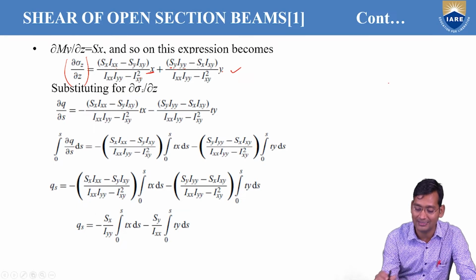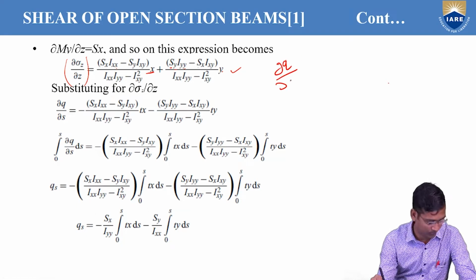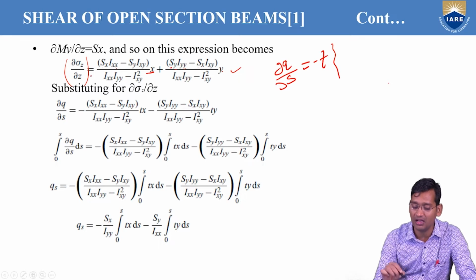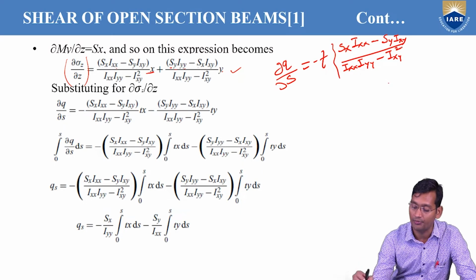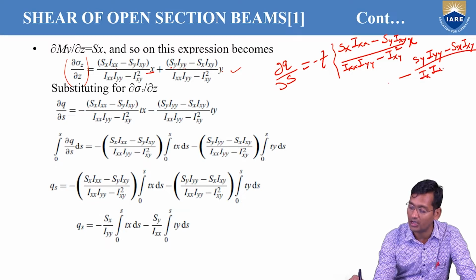The formula is del q by del s equals minus t into del sigma z by del z, where del sigma z by del z is Sx Ixx minus Sy Ixy, by Ixx into Iyy minus Ixy squared, into x, minus, now for y, Sy Iyy minus Sx Ixy, by Ixx into Iyy minus Ixy squared, into y.